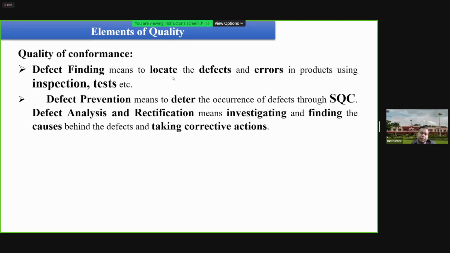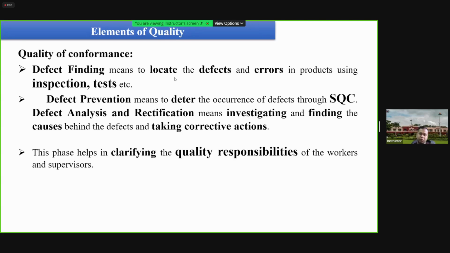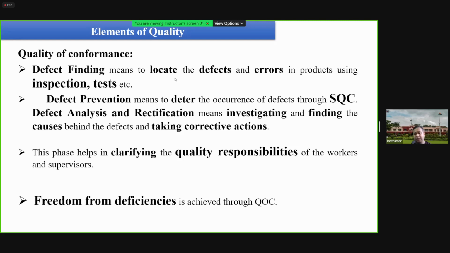So in summary, we can say that freedom from deficiencies can be achieved through our quality of conformance phase, because here we are ensuring that quality control is done, which includes defect finding, prevention and rectification. So our target of freedom from deficiencies is ensured through the quality of conformance phase.